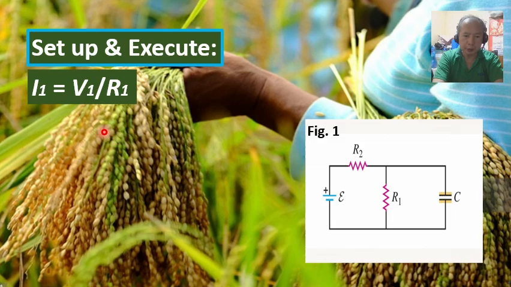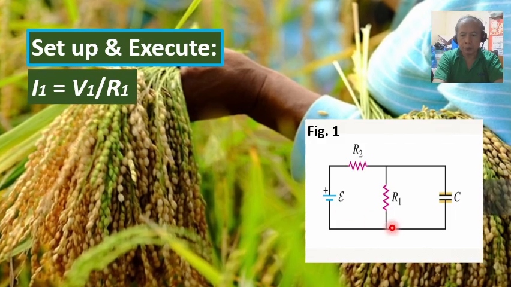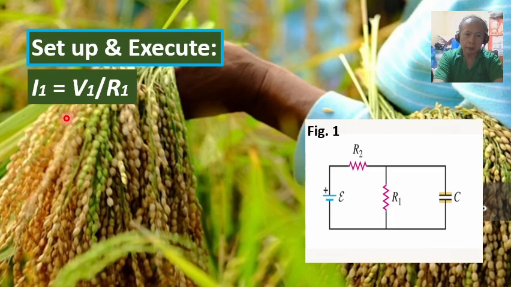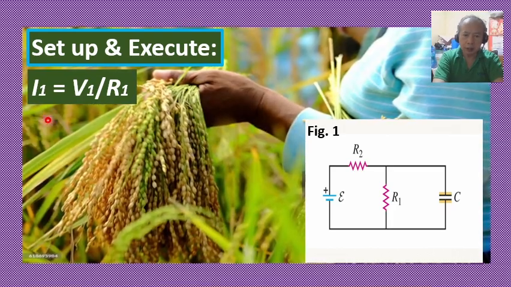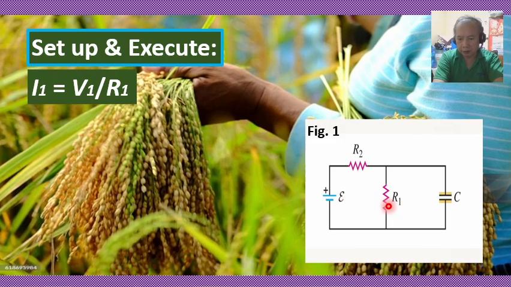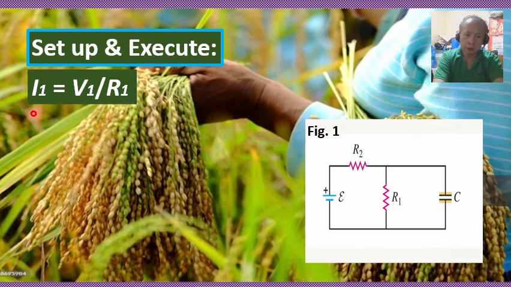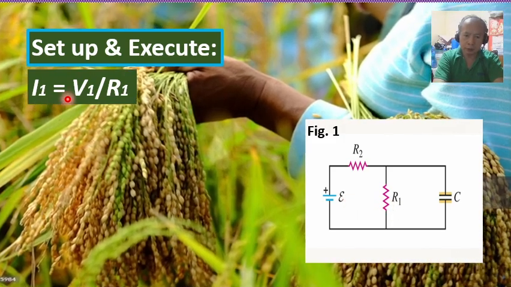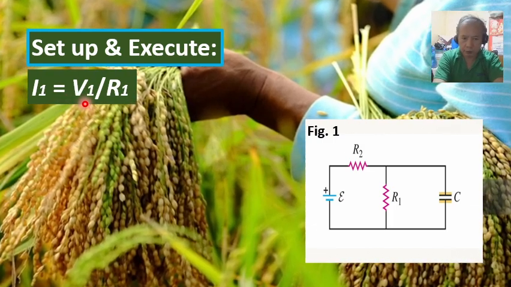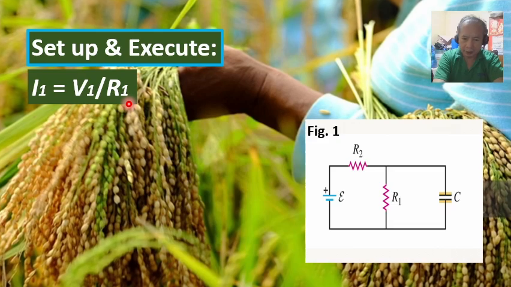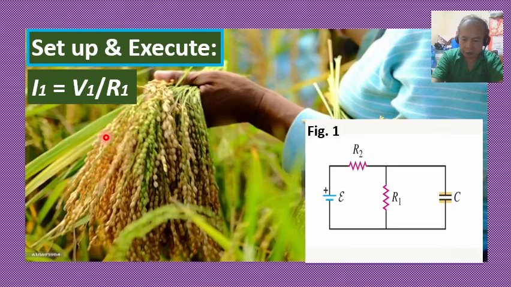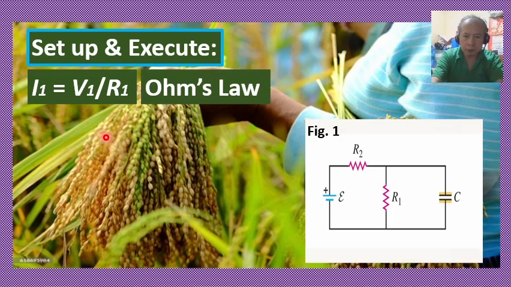Since we have already computed the voltage drop across resistor R1, we can now proceed to computing the current through the resistor R1. That is, I sub 1 is equal to the voltage V sub 1 divided by the given resistance R1. That is based on Ohm's law.